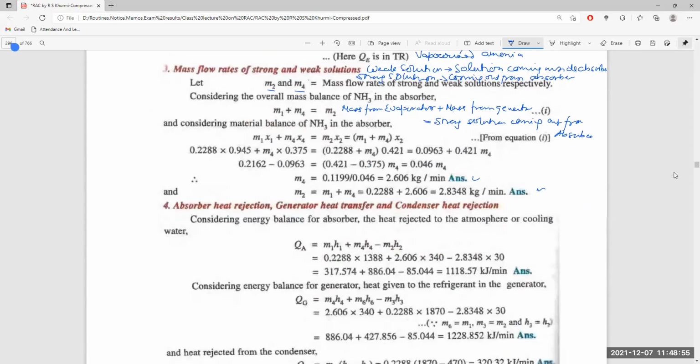Now, absorber heat rejection. Consider the energy balance for the absorber.